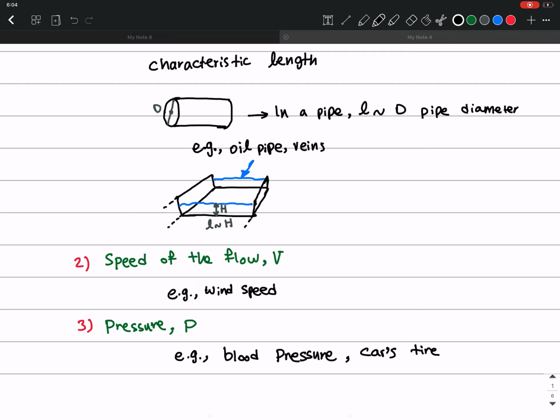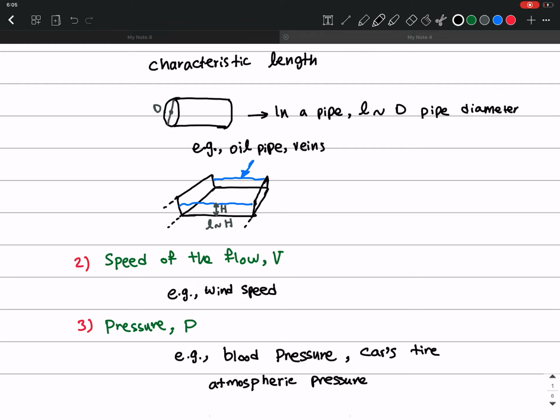And then the other important thing in this context is atmospheric pressure, right? Of course, if you have different elevations, the atmospheric pressure will be different.